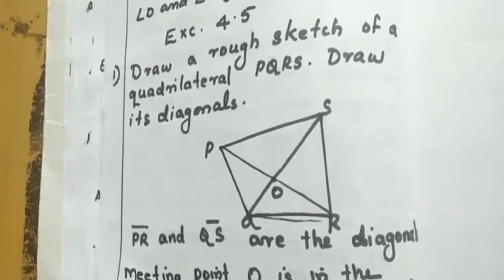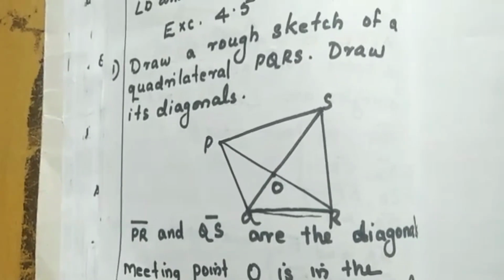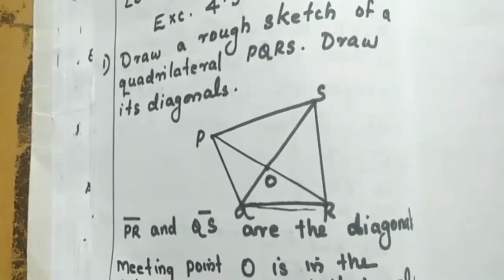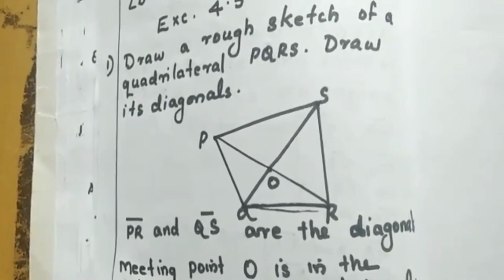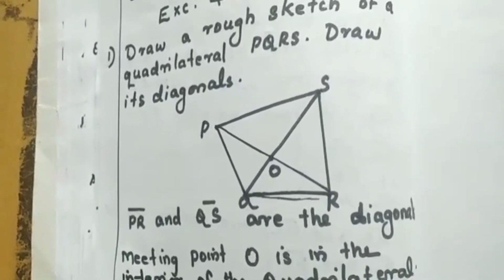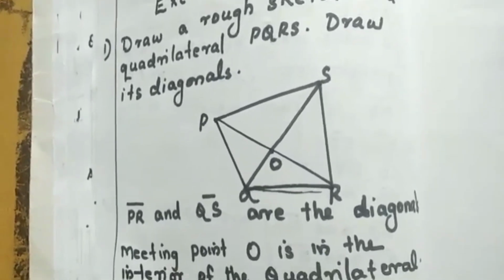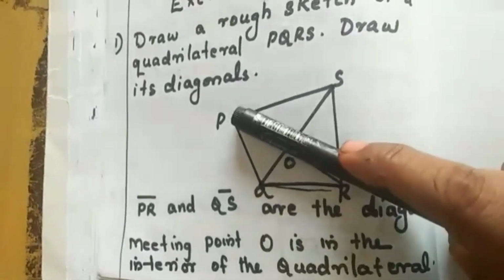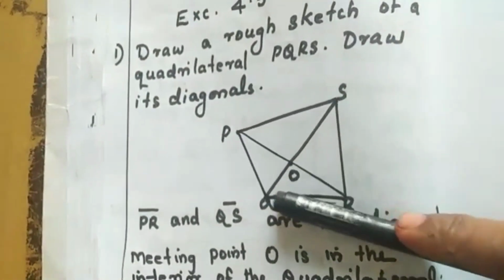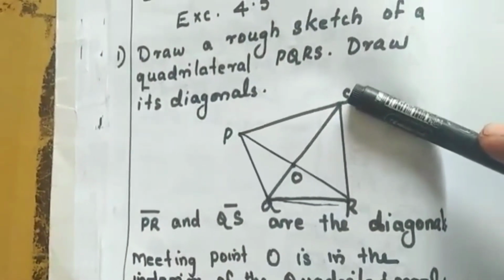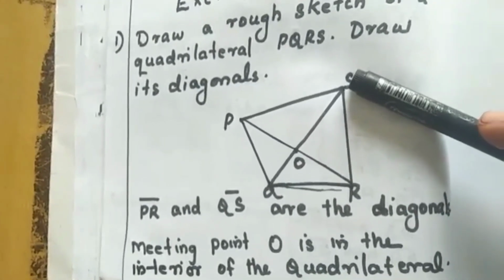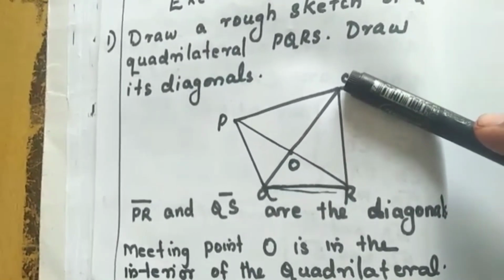Draw a rough sketch of a quadrilateral PQRS. Draw its diagonals. And we have to decide where will be the meeting point of these two diagonals. Here I drew the quadrilateral PQRS. What will be the diagonals? What do you mean by diagonal?